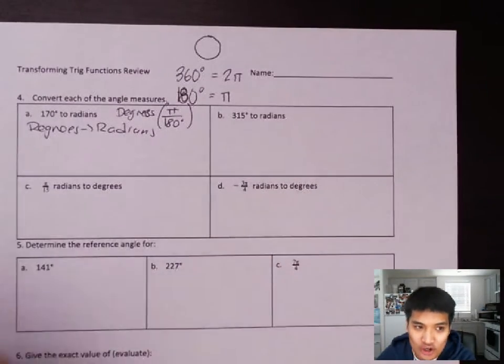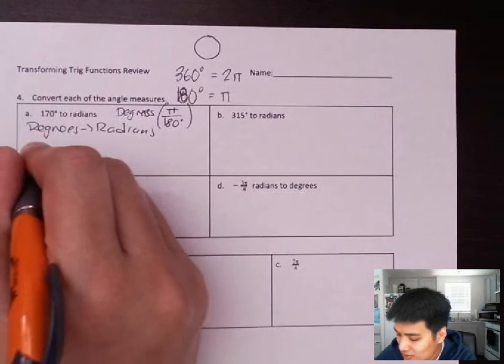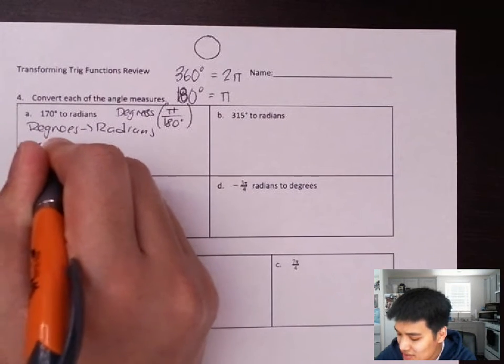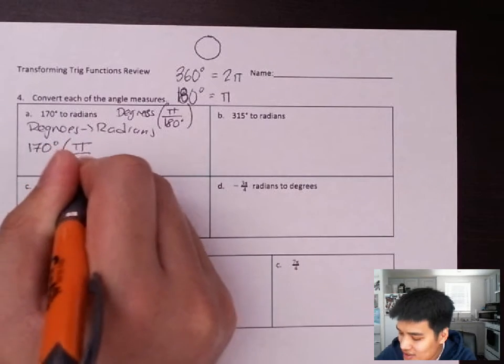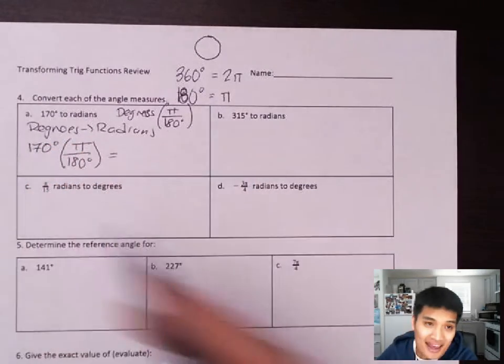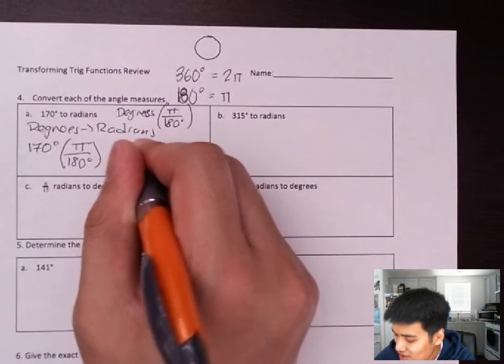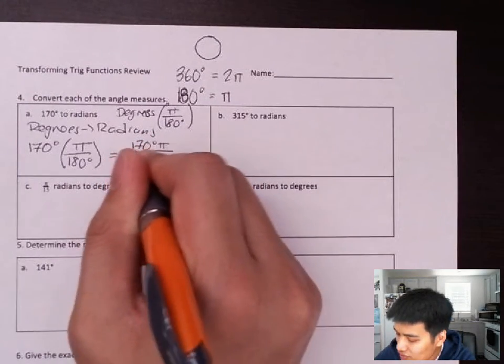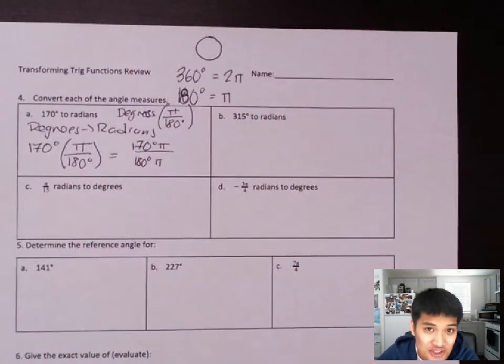If our example here has 170 degrees, we take 170 degrees, multiply it by pi over 180 degrees, and then we'll be able to simplify it. This gives us 170 degrees times pi over 180 degrees. And there's a few giant ones here.